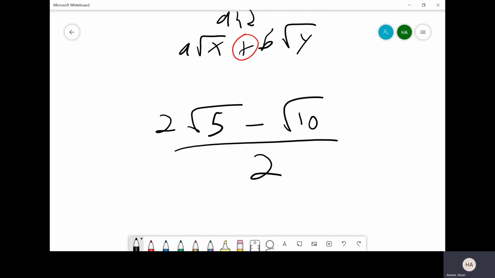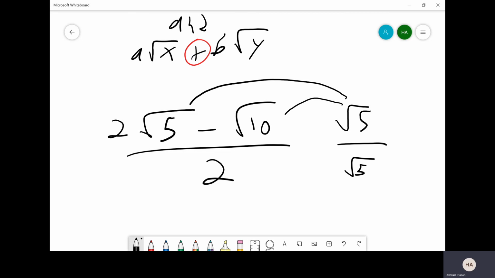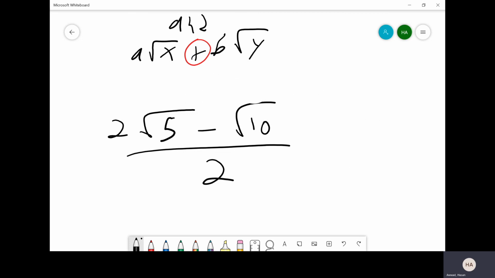You might say, well, I have no idea what to do, because if I multiply by just square root of 5, for example, sure, that square root of 5, when I distribute it over here, is going to make things better, but when I distribute it over here, it's going to make things substantially worse. We're going to get the square root of 50, and we're still going to end up with a square root. So that's not going to help us. And similarly, the same problem is going to happen if you try multiplying by the square root of 10.